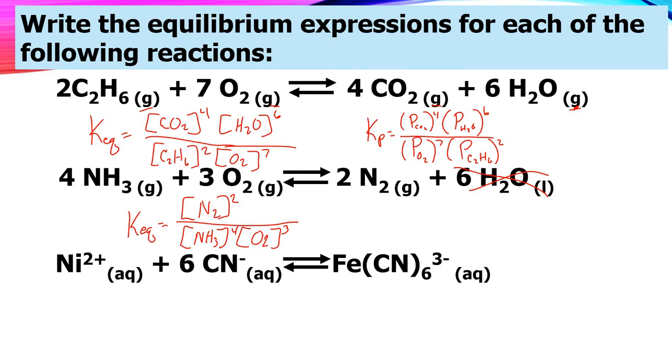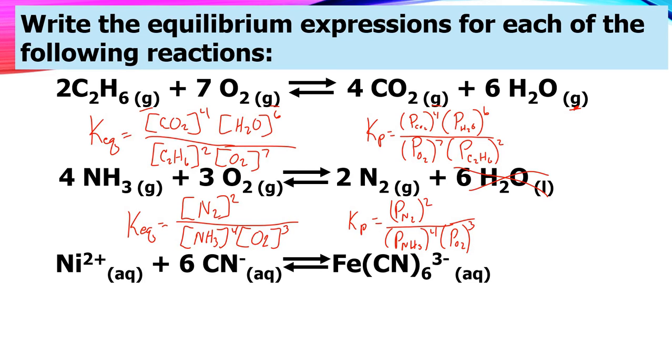Okay, the last one. So this could also be written as Kp equals pressure of nitrogen to the second power divided by the pressure of ammonia to the fourth power times the pressure of oxygen to the third power. It's the same thing, it's just that one says pressure because it's gases, the other one brackets mean concentration, like Le Chatelier.